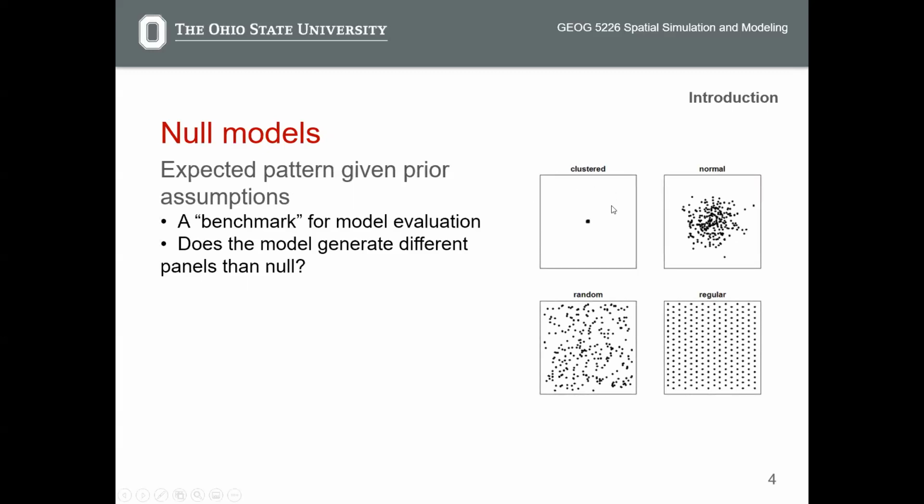The first here is called clustered. All dots are right here in the center of the space. They're closely clustered, right? Because this pattern is called clustered. The second one is called normal.